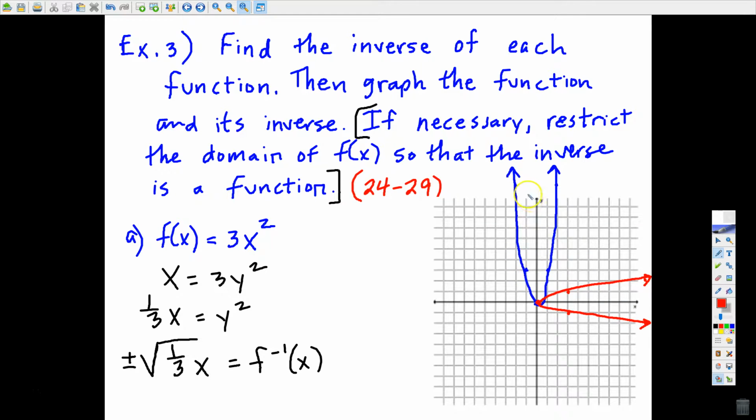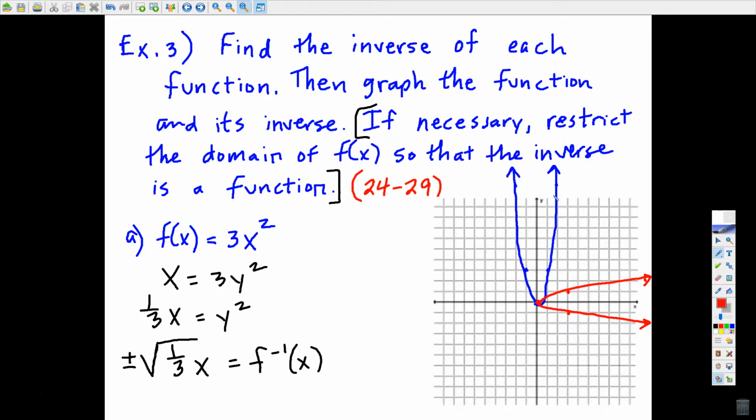So what if instead of having this entire parabola, we only showed part of it? So for example, if I only had this left side of the parabola and not the right, would the inverse then be a function? If you didn't have this at all, would it be a function then?